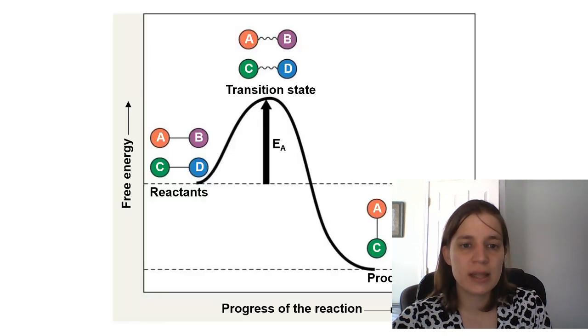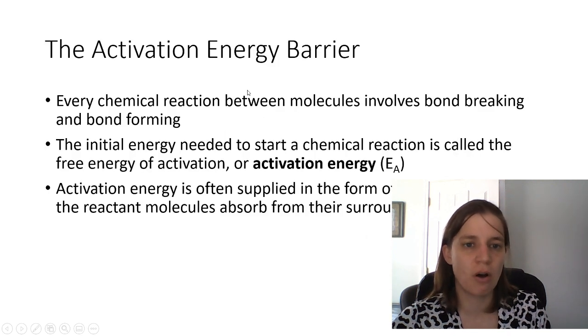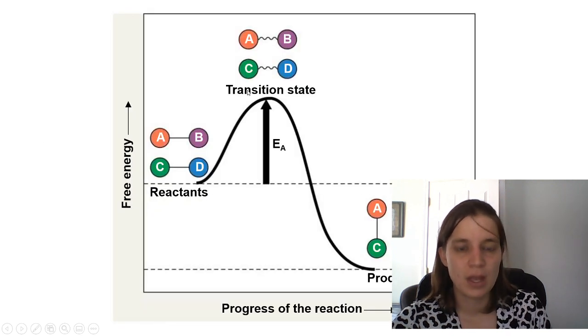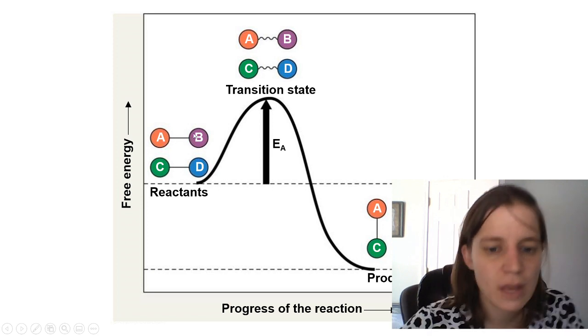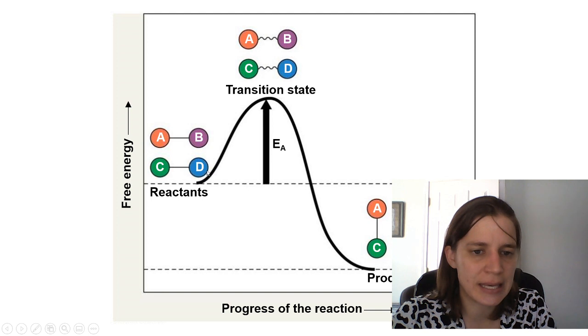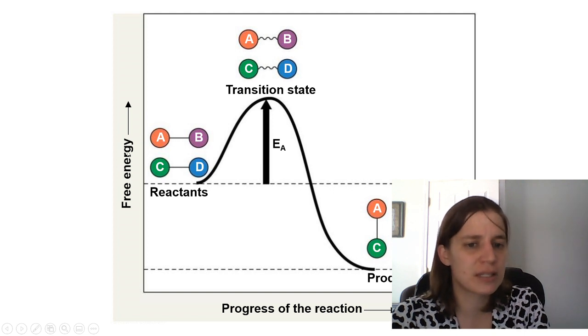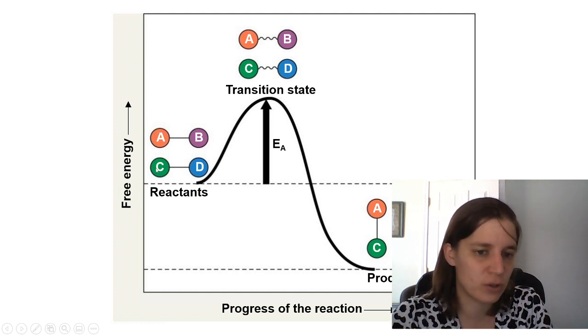We're just going to see this picture here, and then we'll pick back up from here on Friday. This is the picture. We've got this molecule here with A attached to B, and this molecule here, C attached to D, and they're all in somewhat high free energy. Not terribly high, but somewhat high energy, right? That's where it starts.